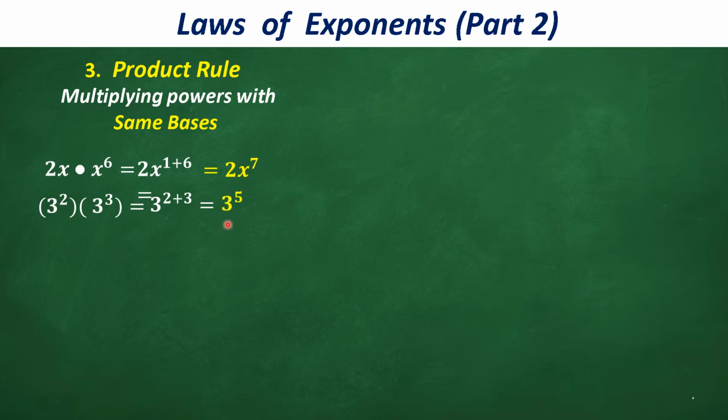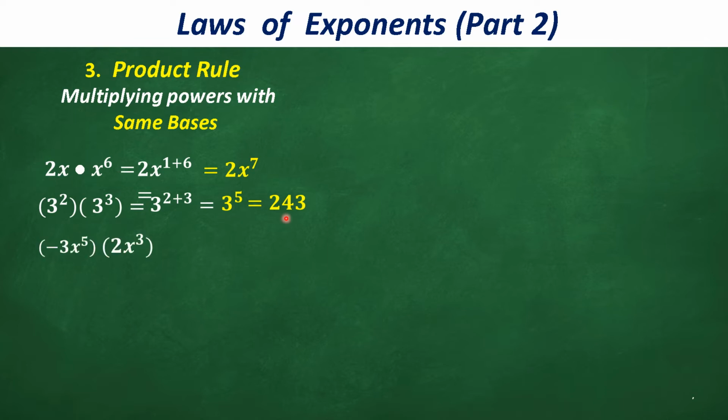And then evaluate or simplify 3 to the 5th power. So this is equal to 243. Ibig sabihin nito ay imumultiply natin ng 5 beses si 3 sa kanyang sarili. O gagawin natin siyang factor ng 5 beses. That's why we arrive at 243.